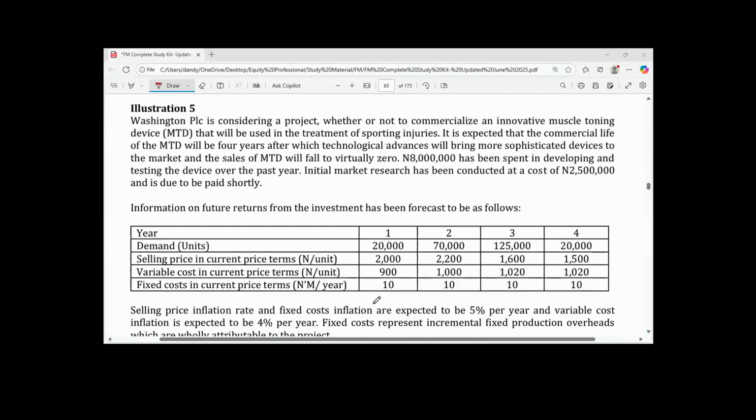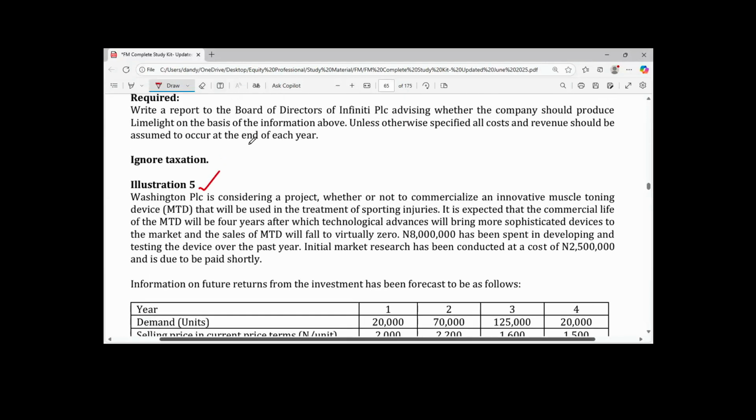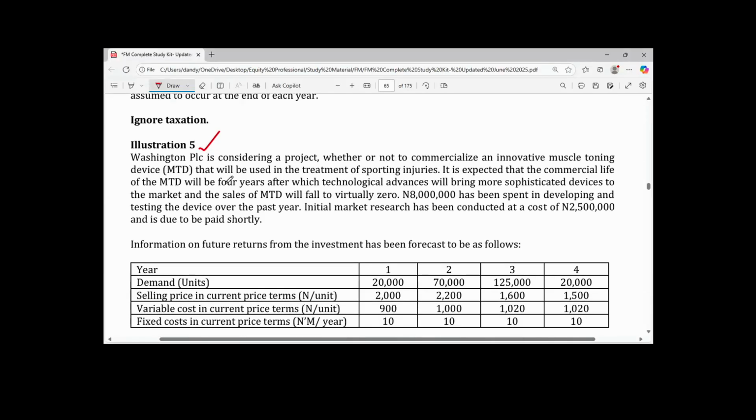Who will help us to read illustration number 5? Okay, Chidima, go ahead.